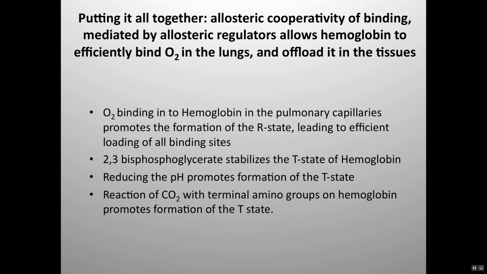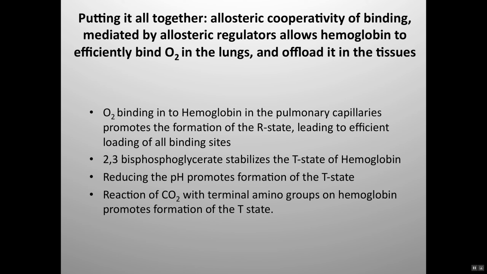Let's put all this together. We've talked about a lot of different effects, so let's talk about how this then promotes the physiological role of hemoglobin. Allosteric cooperativity of binding of oxygen to hemoglobin is mediated by allosteric regulators.